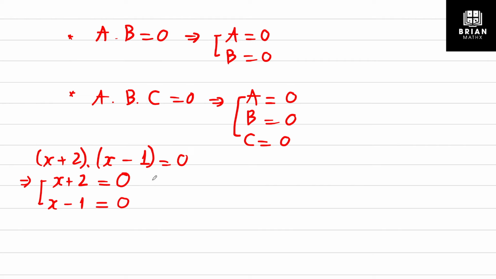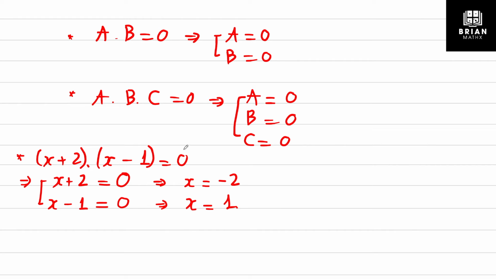That's it, and then you do the next step. X plus 2 equal to 0 means x equal to negative 2, or the other is x equal to 1. Okay, this is the way you solve the quadratic equation. This is the way you solve an equation by factorization.